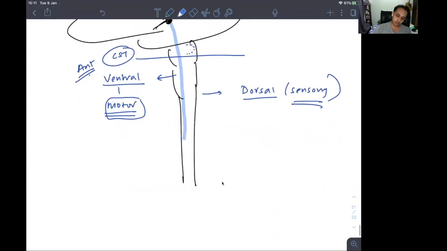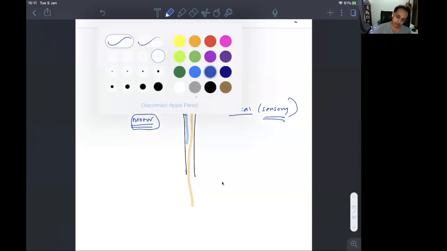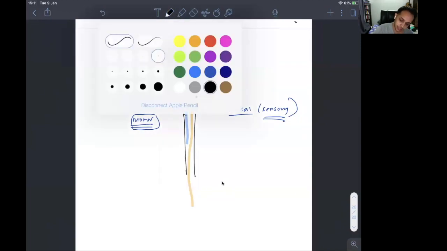What about your lateral spinothalamic? Now your lateral spinothalamic comes up the spinal cord and then ascends up the posterior part of the brainstem and then terminates in the thalamus. So the thalamus is here, and there is a part in the thalamus.